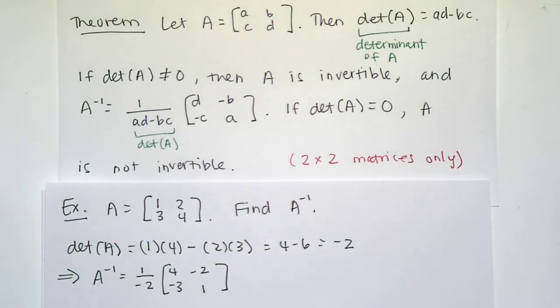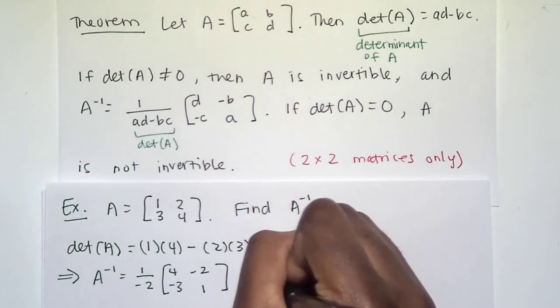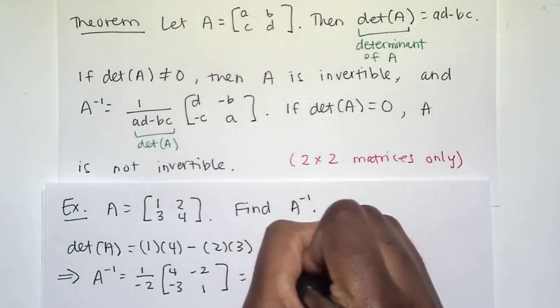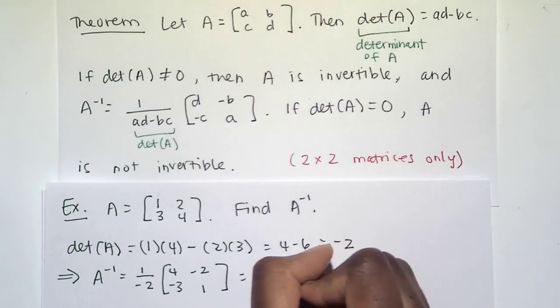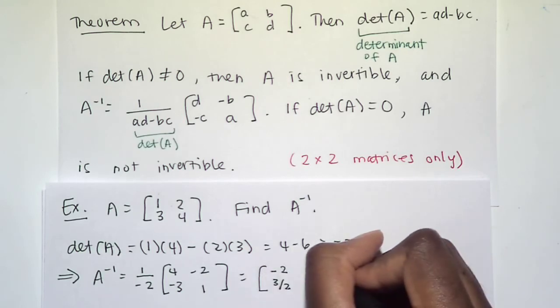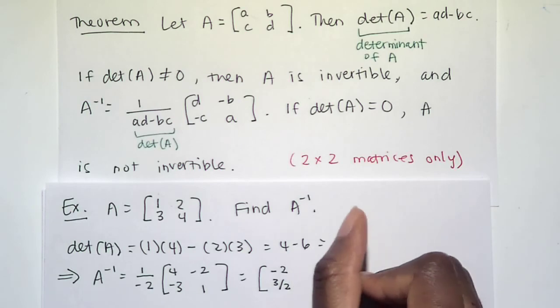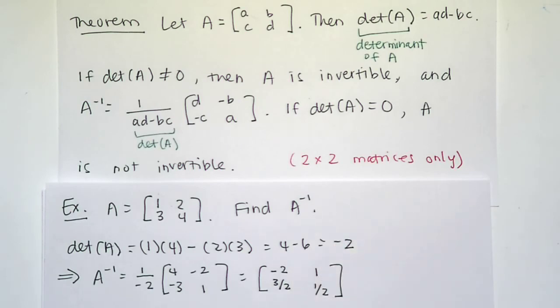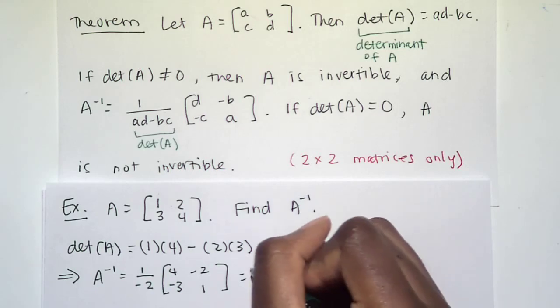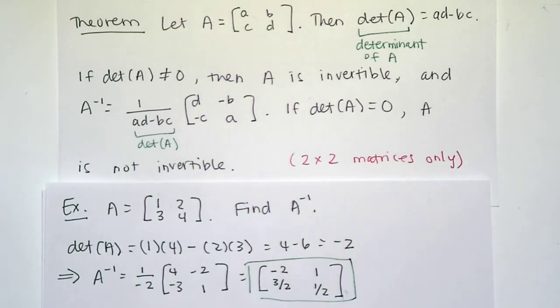And so I just need to multiply each individual piece by a -1/2. All right, so this is our inverse of this original matrix here.